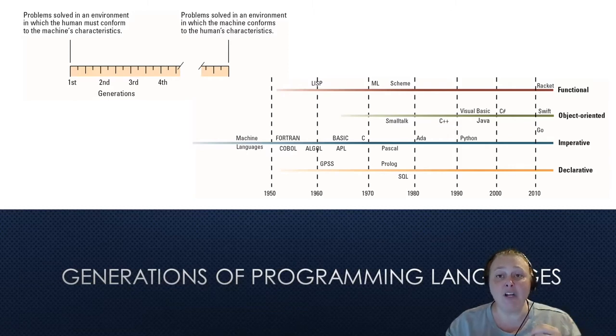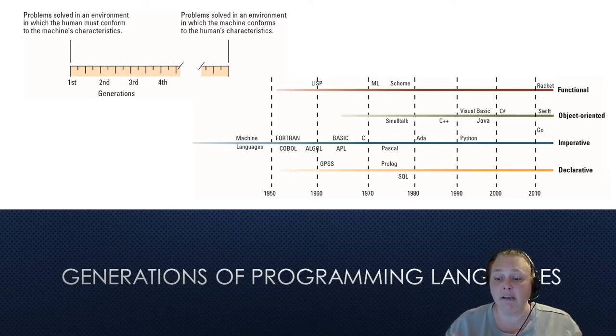Object-oriented is very closely related to imperative. It uses something called an object. An object is self-contained, with data and actions called methods, related and encapsulated in a single unit. But object-oriented and imperative are very, very closely related. Now, in contrast, we've got the declarative and the functional.